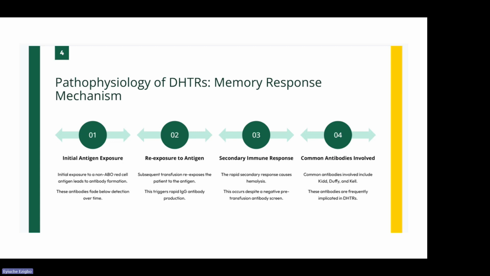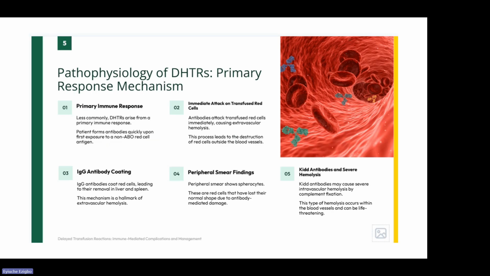So the first mechanism in the pathophysiology of delayed hemolytic transfusion reaction is the memory recall, or memory response mechanism. We have another mechanism, the primary response mechanism, which may not be common, but it postulates that at the initial first exposure, the patient mounts the immune response. That is the primary response mechanism.